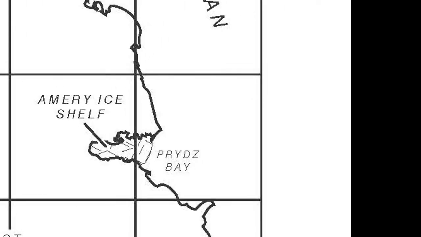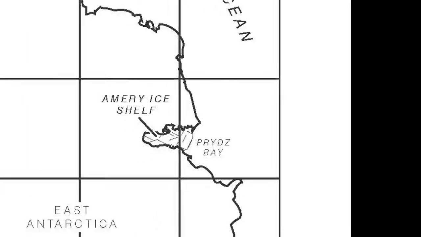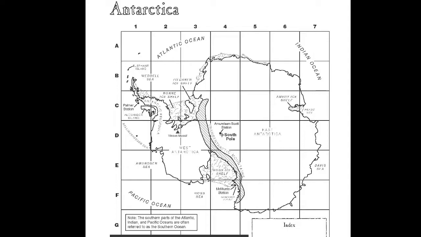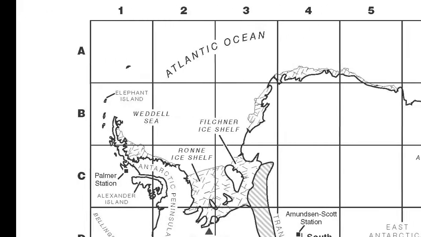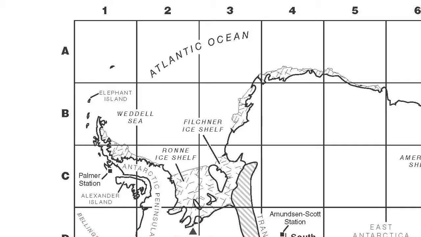When we're looking at grid maps, we usually start with the letter and the number. So for example, if we find the letter B and match it up with the number 3, you'll see a border ice shelf, which doesn't really have a name on it, but you can see the edge of the top part of Antarctica.